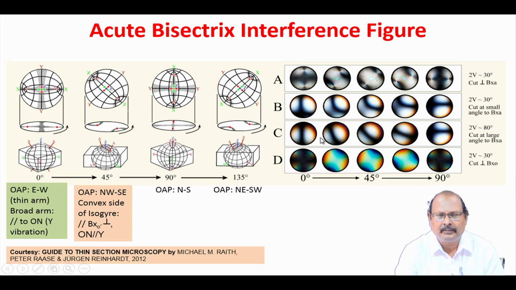But it is always welcome to have an acute bisectrix which is perfectly vertical, so that you have a perfectly centered acute bisectrix interference figure. That kind of interference figure is extremely useful for determination of the optic sign of a biaxial mineral, which I will show you in the next slide.